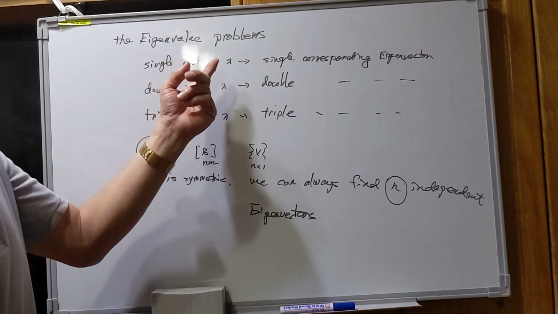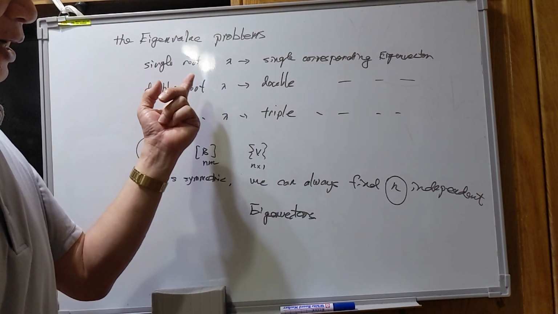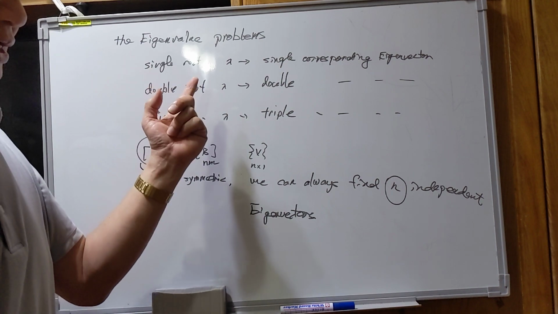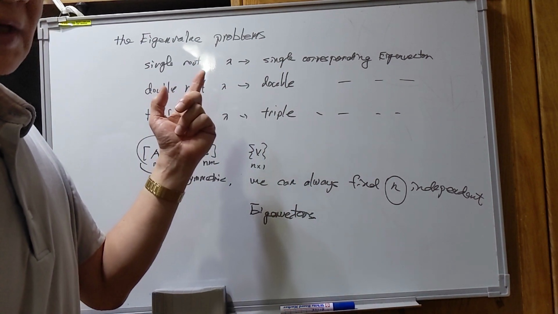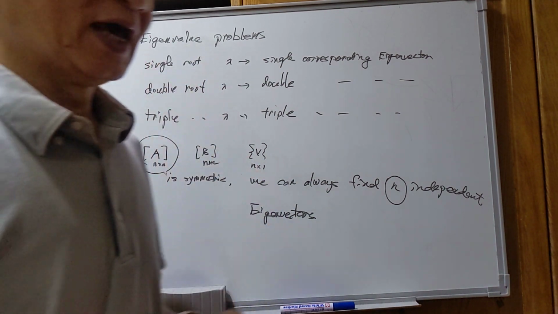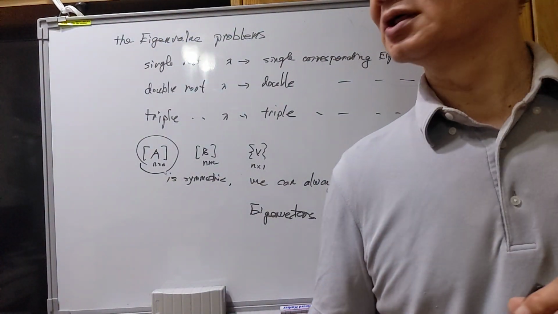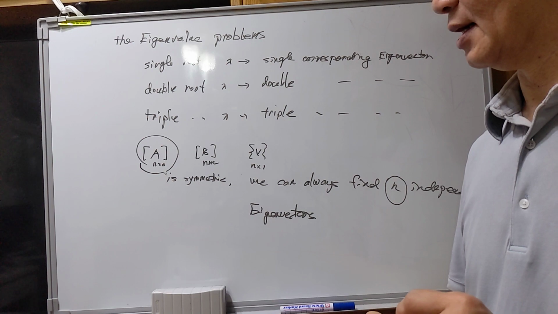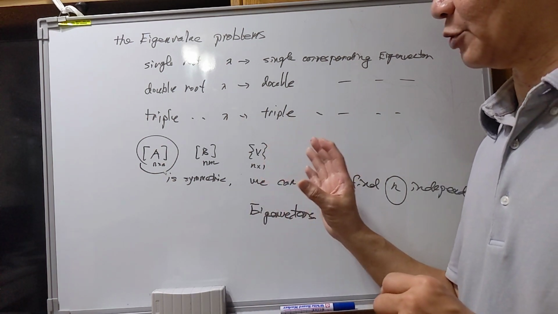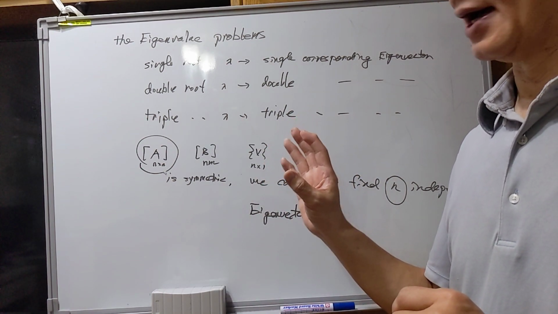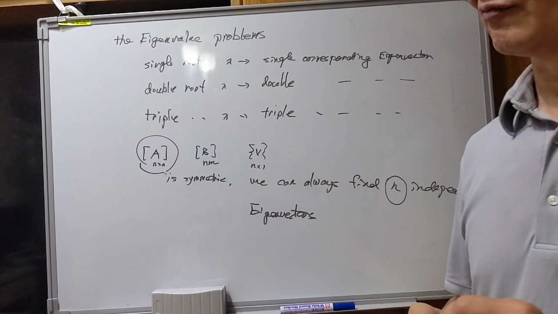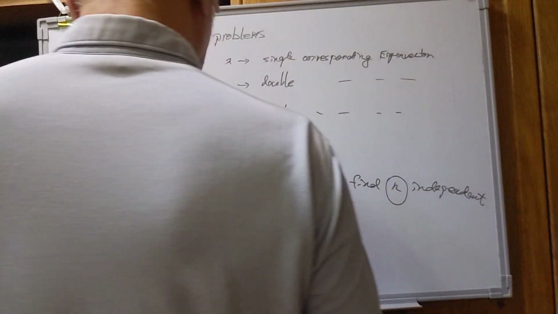So remember, if we get a double root eigenvalue, then we have two corresponding independent eigenvectors. That's one of the basic theorems for eigenvalues and eigenvectors.